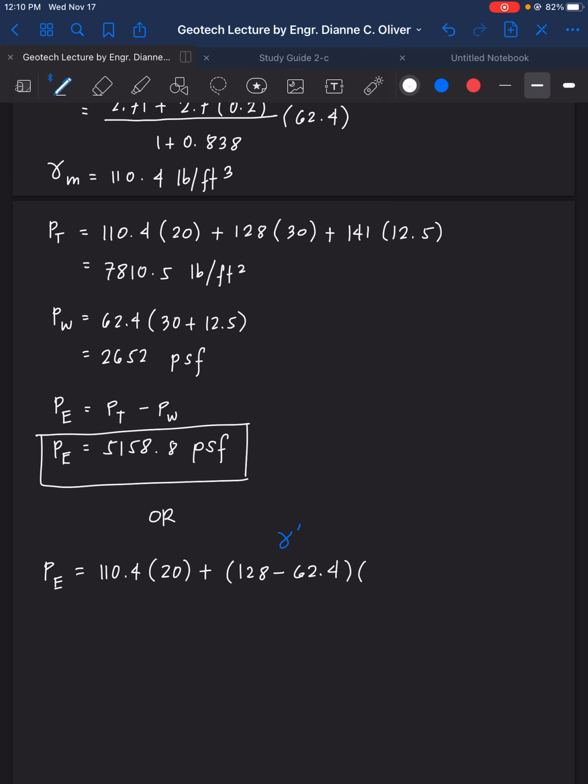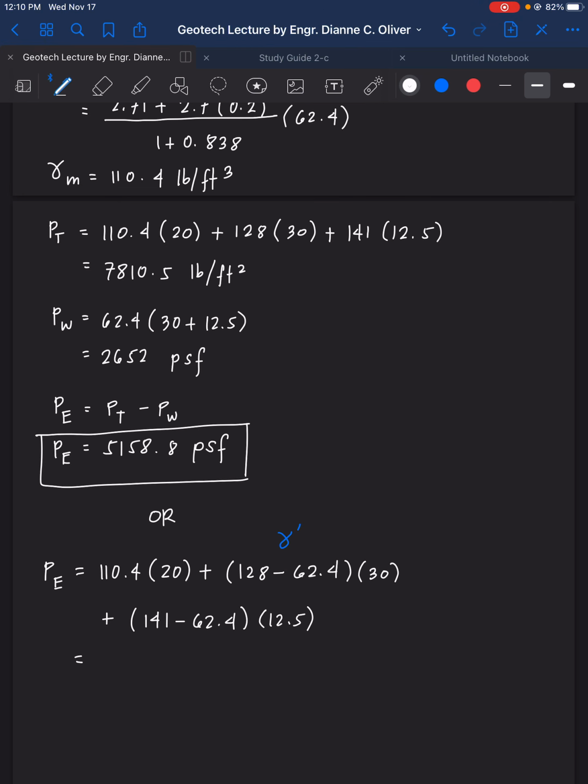Multiply with the height there is 30. Plus, another gamma sat is found at the clay layer, 141 minus 62.4, and then it is mid-height of 12.5.